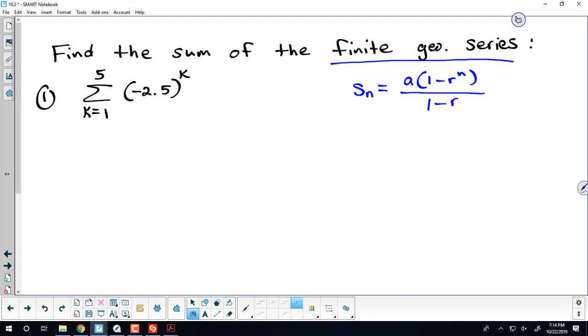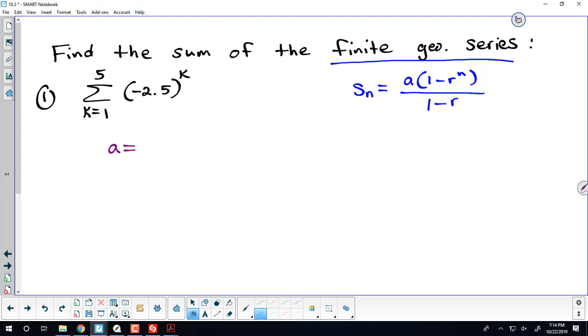Remember we said A was the first term, or the initial value, R is the common ratio, and N was what? The number of terms that you add together. So you can write all of that out, but we really just need to identify our first term, A.